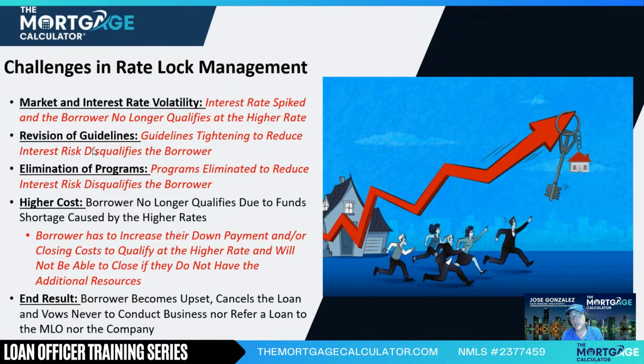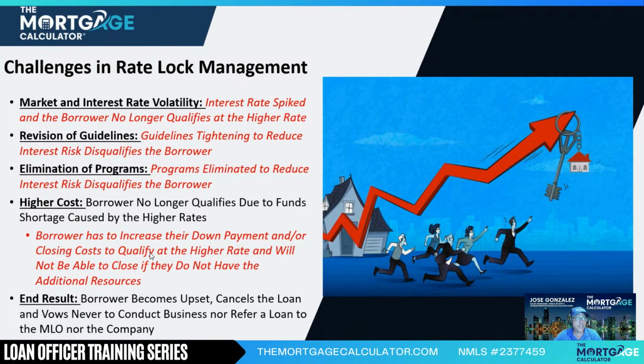So at that point, the investor, in this case a conduit that's amassing the loan packages, is going to have to decide what is worse for our organization. Is it the negative goodwill that's going to be created when all these rate locks get canceled, or is it the fact that we're going to lose 50 million or 20 million dollars or whatever on that $100 million loan package? That's a decision that has to be made. But usually the borrower that's not locked in is the one that's going to suffer. So don't be that MLO to cause that to happen.